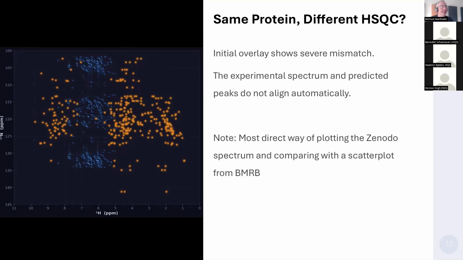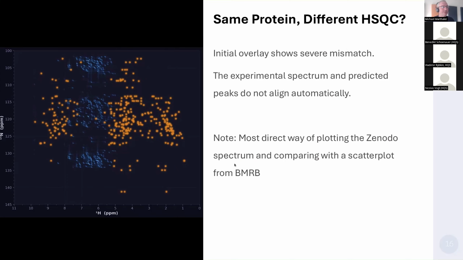So lots of points. Then the blue is the first quick guess at plotting the Zenodo data, and I will come in a second to where this comes from. But what you see is that there is no comparison whatsoever. It's completely off in every way.